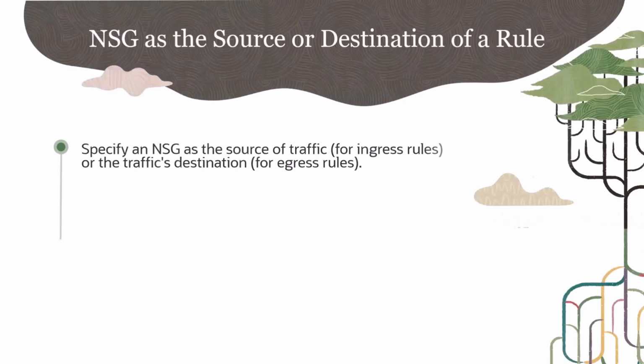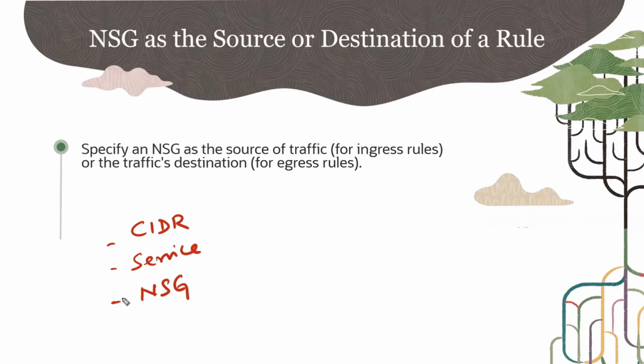Now, in the discussion in whiteboarding, I mentioned that you can have CIDR, you can have service, you can also have NSG as the valid source types when you are configuring the ingress rule. In case of egress rule, it is going to be the destination type. In case of ingress rule, it is going to be the source type.